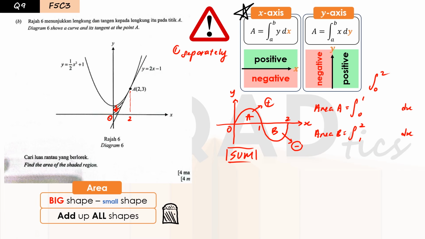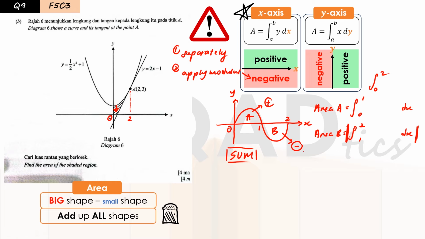So how are we going to add them up together if one is positive and one is negative? This is the second thing we need to do. We need to apply modulus to the areas which are negative. So for this area B here, I will need to apply modulus.